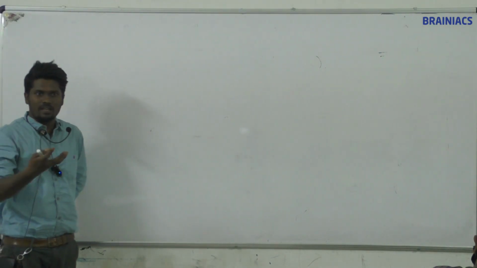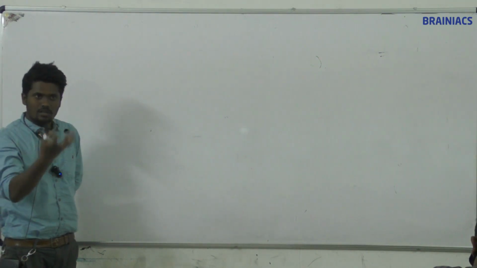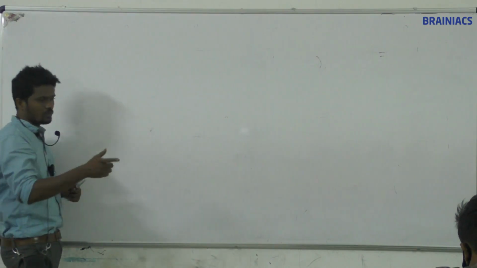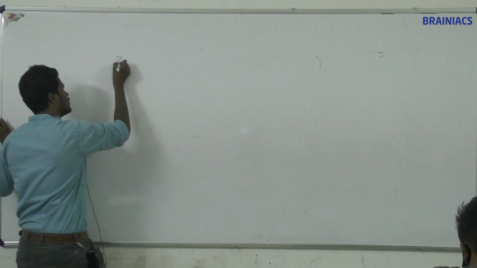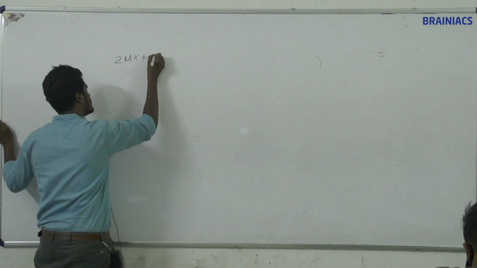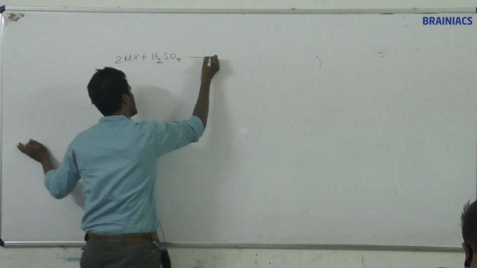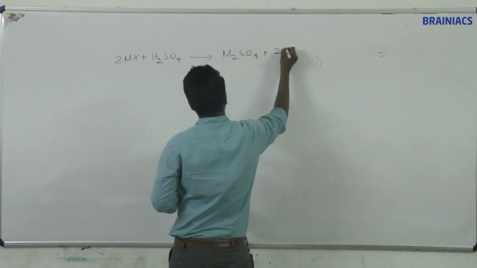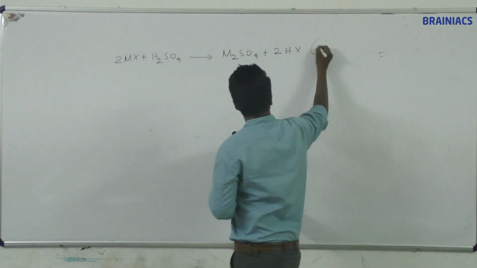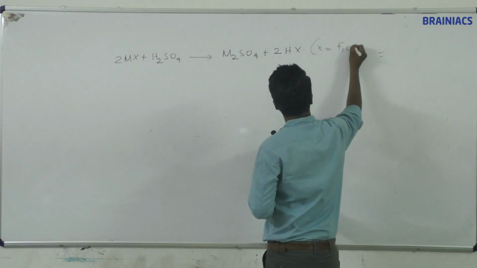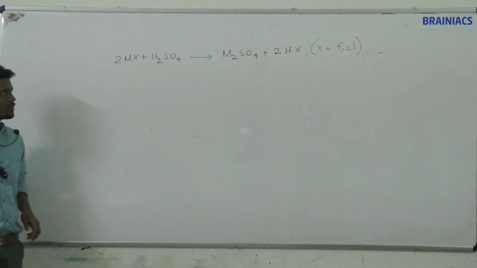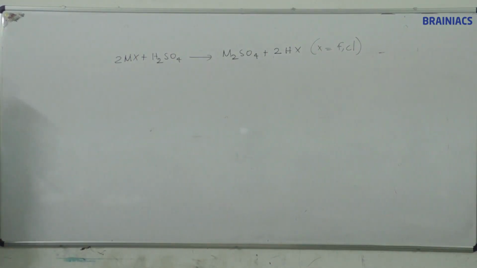So its volatile nature is very low, and due to its less volatile nature, it is used to make volatile acids.